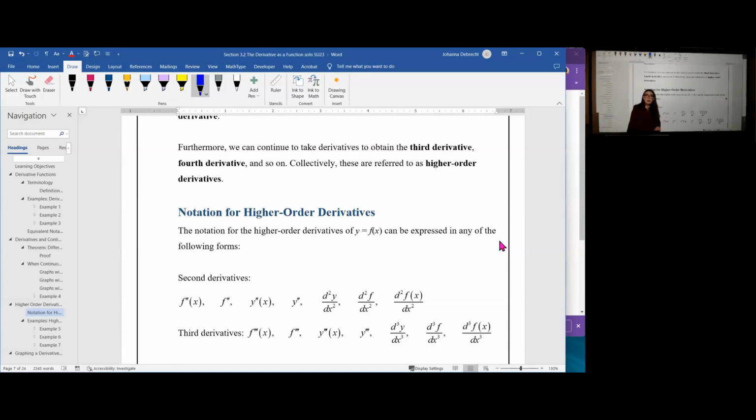Switching to Leibniz's genius notation, we have a 2 between the d and the y in the numerator. It's not a fraction, it's a single symbol, but we'll call it that, in the power position. This is read the second derivative of y with respect to x both times.